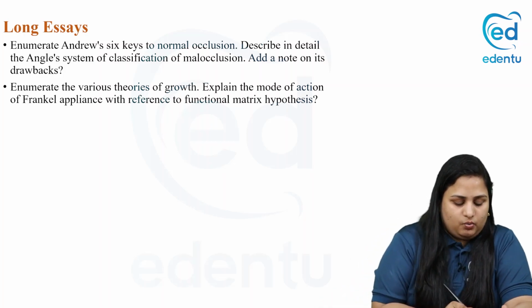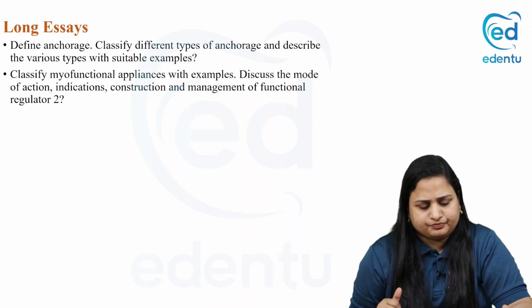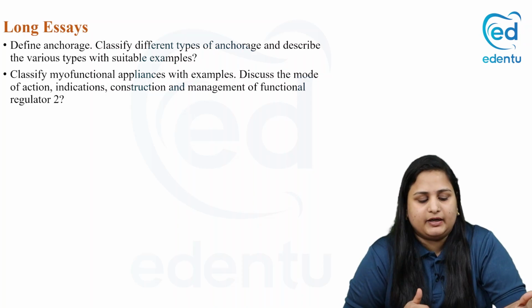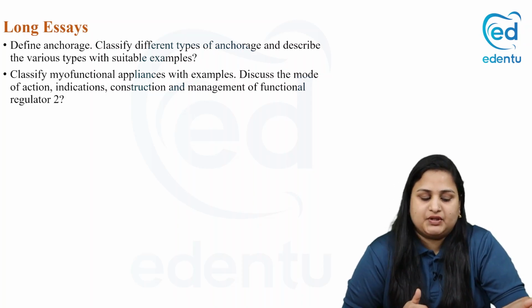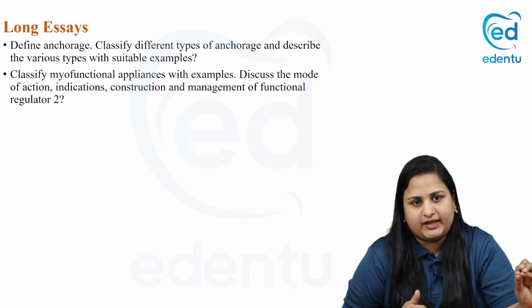Now moving on, we have the next set, which is called long essays, in which again it can be a combination. We have other examples like: define anchorage, classify different types of anchorage and describe various types with suitable examples. Here the question is very clear.